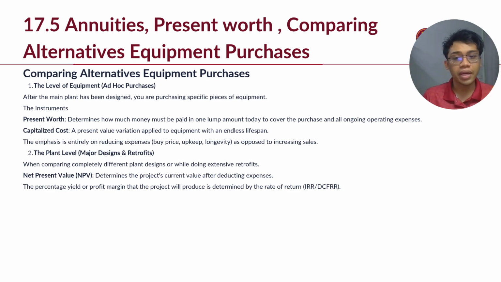So for the whole plant and retrofit, we are comparing entirely alternative plant designs or major system overhauls, and we recommend using the net present value or rate of return, IRR. And we focus on profitability, strictly accounting for incoming sales revenue.